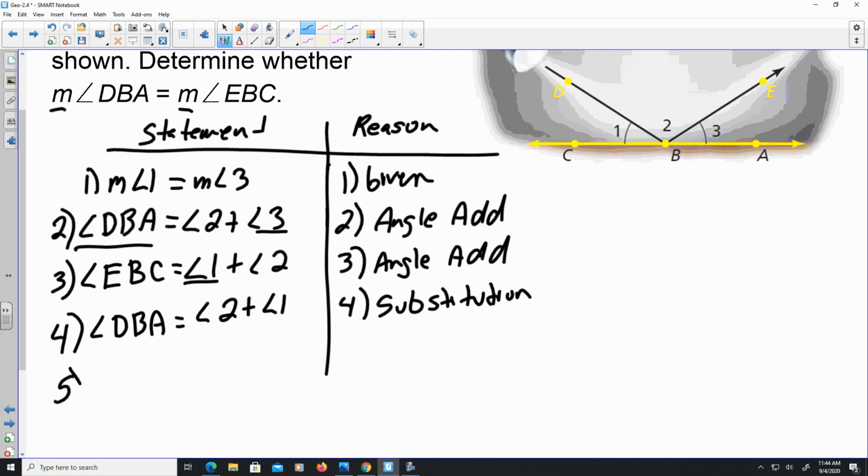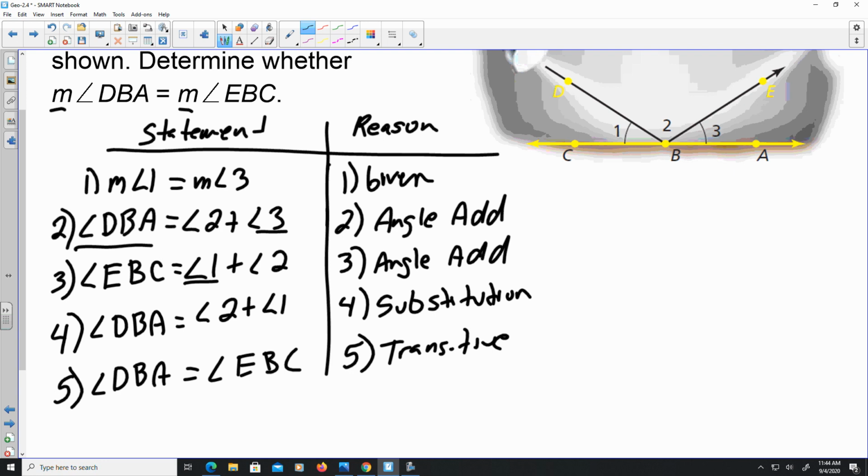So in step 5 here, I could say that the measurement of DBA is going to be equal to the measurement of EBC because of the transitive property. Because what you're saying here is DBA is this and EBC is also this.